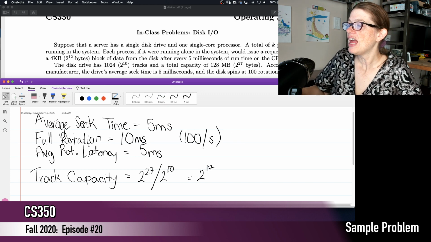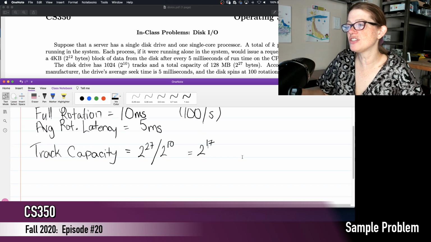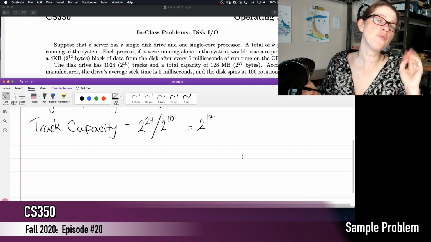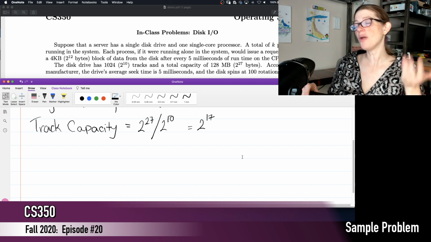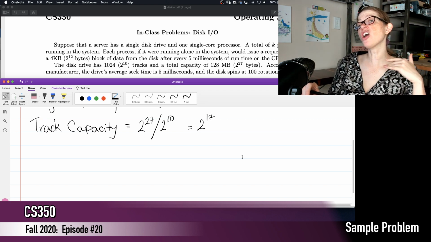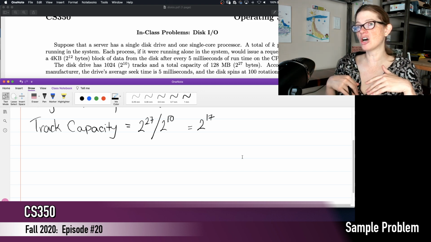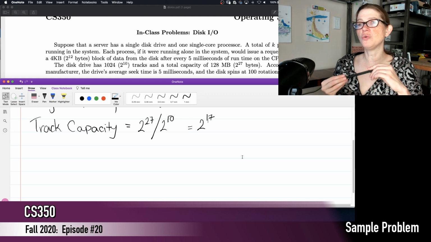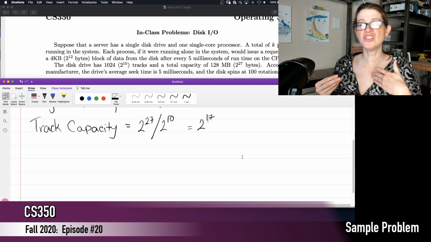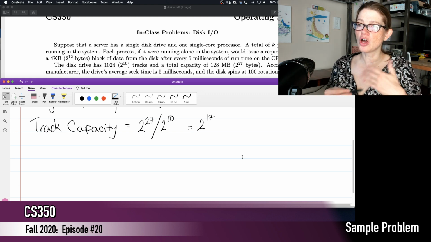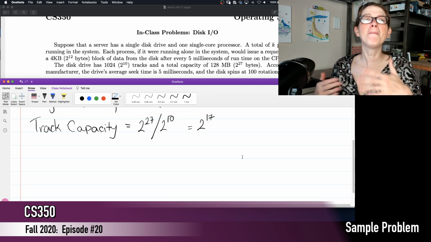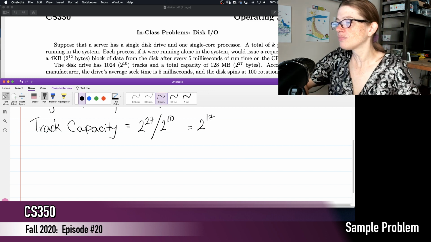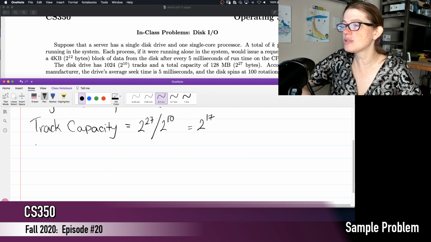Okay. Now, we don't talk about sectors here. We're actually talking about blocks. And a block, for the record, as we're going to see when we talk about file systems, is some sequential number of sectors. And in fact, when we do reads and writes to disk, we usually don't issue them in terms of sectors. We usually issue them in terms of blocks, just to minimize the seek time further. So how many blocks per track?